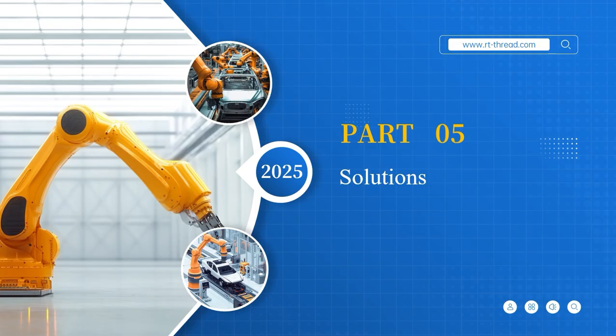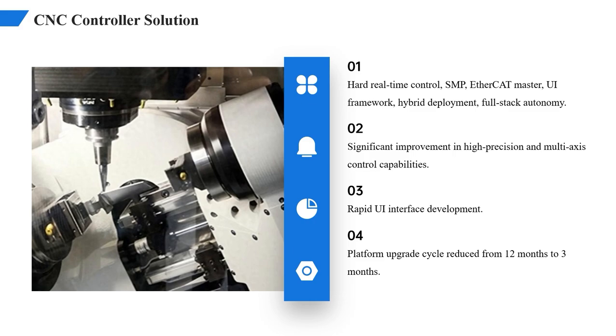And the next part is to showcase how RuiQing translates technological capability into real-world solutions. For CNC control, RuiQing provides hardware real-time control, SMP multi-core processing, SDK master, UI framework, hybrid deployment, and full-stack autonomy, all on one stack platform.